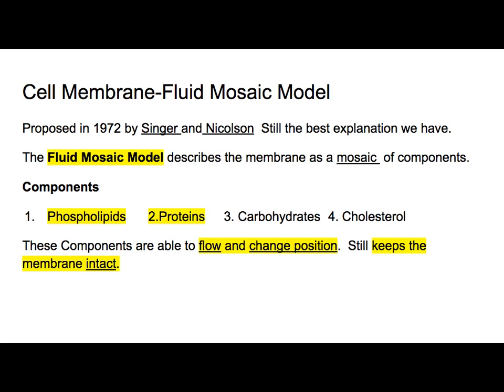So the fluid mosaic model is the best explanation that we have. Some things may have changed, but so far it's the best that we have.